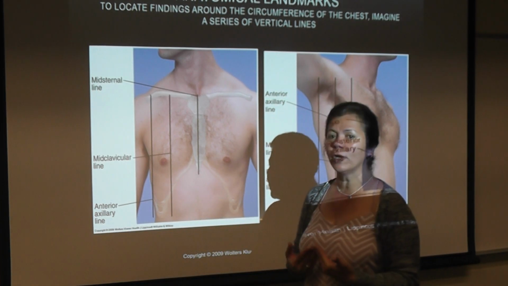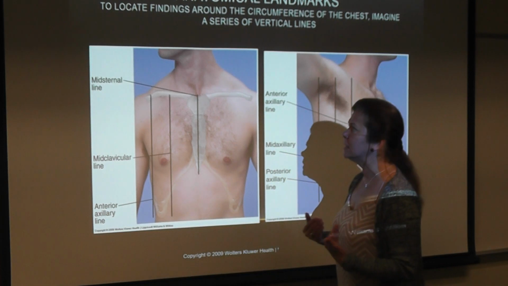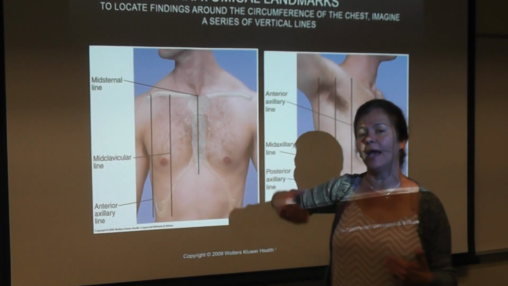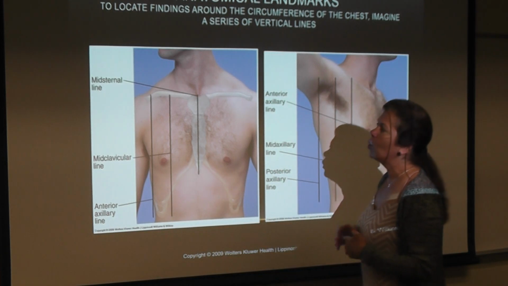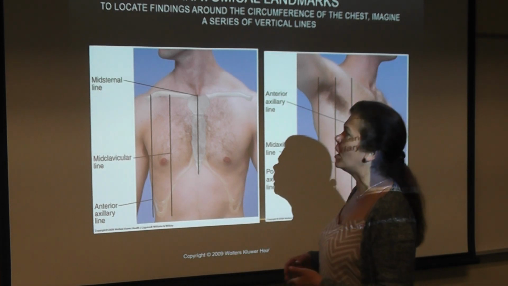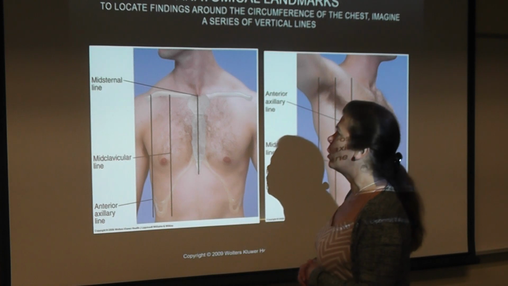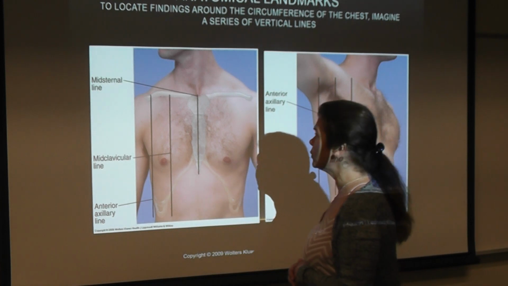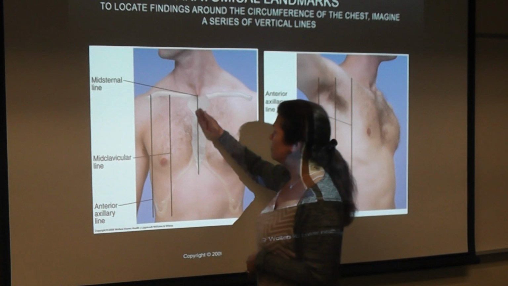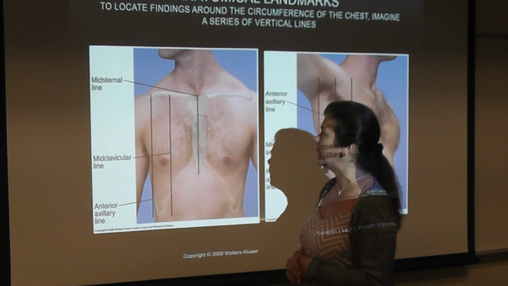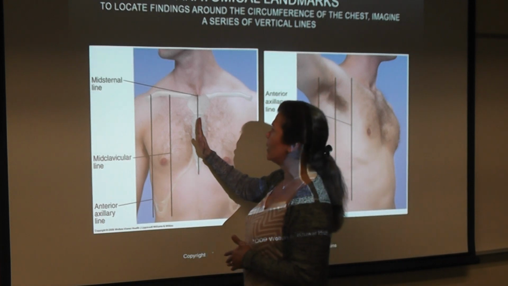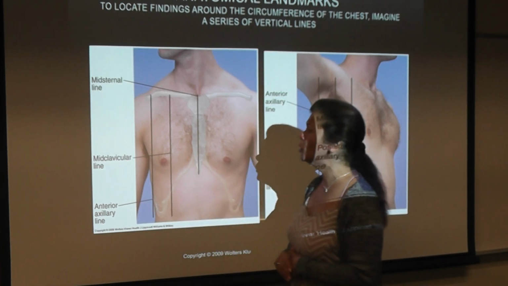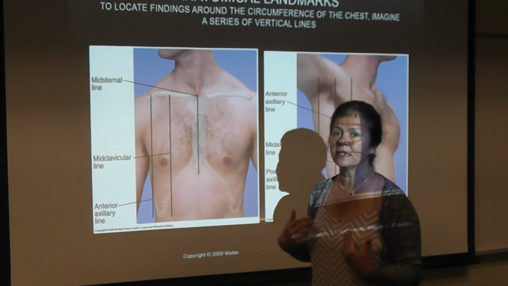We can trace imaginary lines anteriorly, posteriorly, and lateral to the patient to be able to have an idea where the anatomic landmarks of the lung inside are located. For example, we can trace the mid-sternal line basically to know exactly where the hilum is located, or the mediastinum.